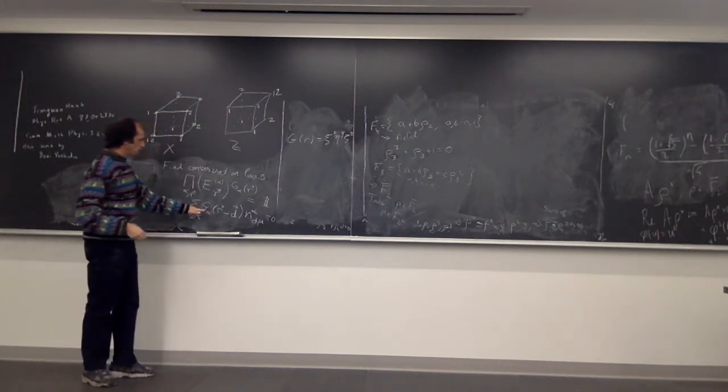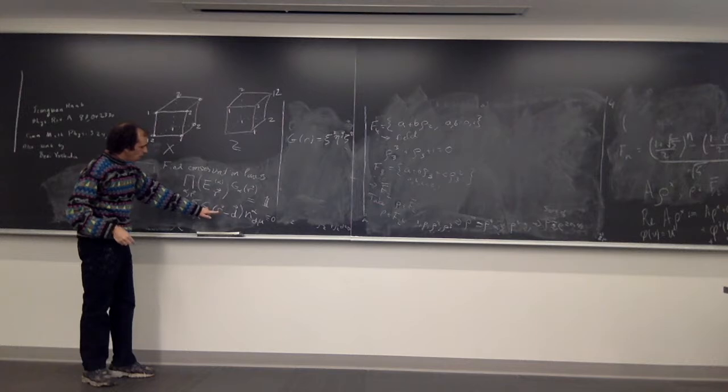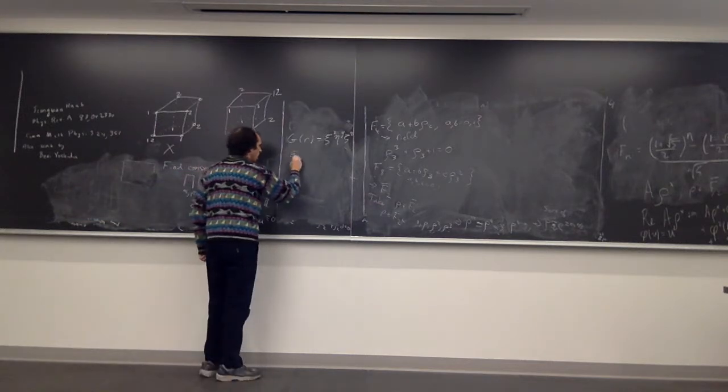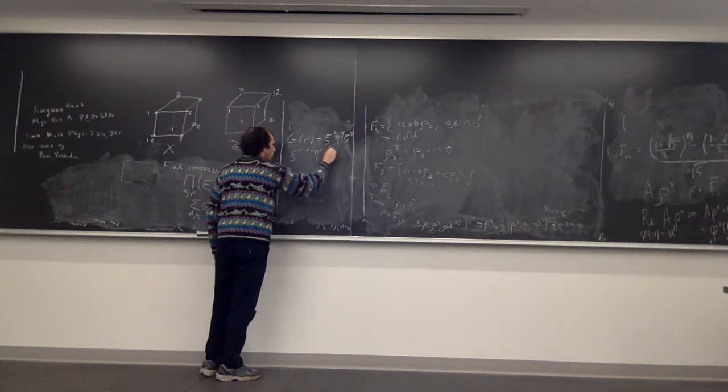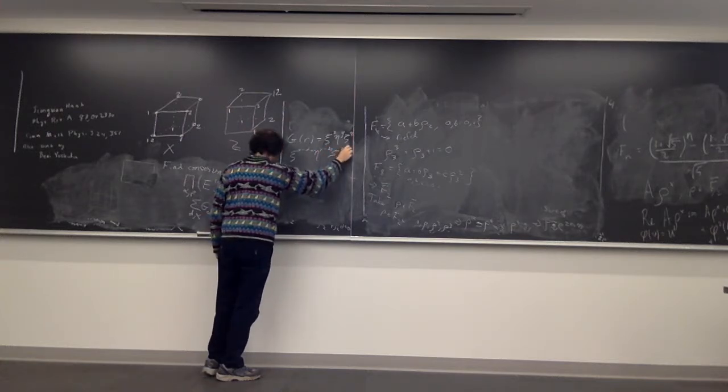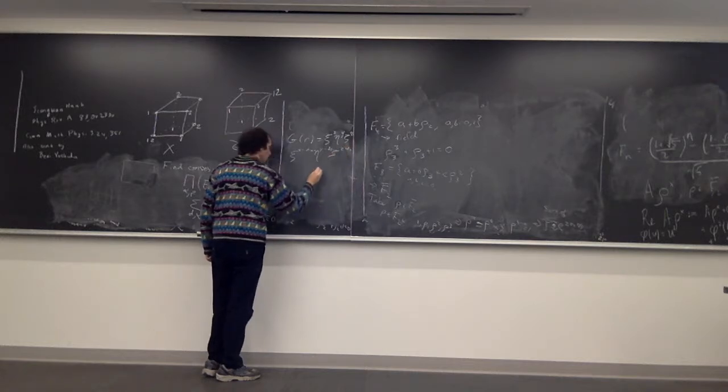And I plug it into this equation. Then I get c to the x minus dx, eta to the y minus dy, zeta to the z minus dz, times n alpha.